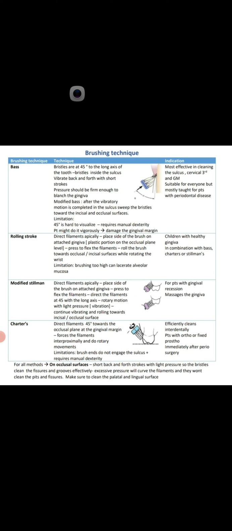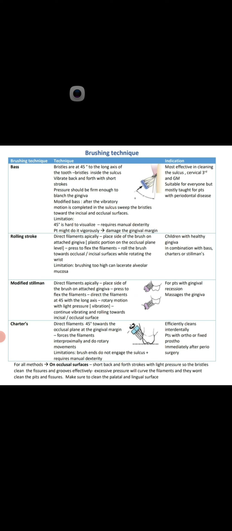And if our relation is not good with the boss, the result will be disease. This boss will be contagious for us, therefore it is for periodontal disease. It means the Bass method is for sulcus, cervical one third and gingival margin, for everyone and for periodontal disease.